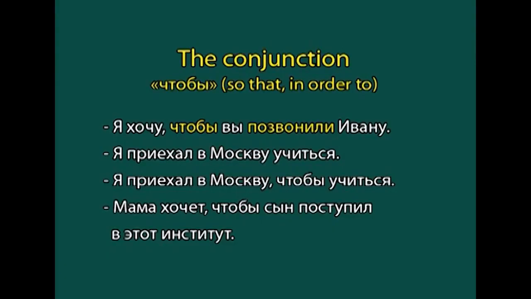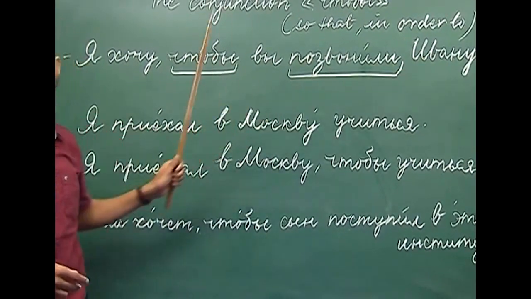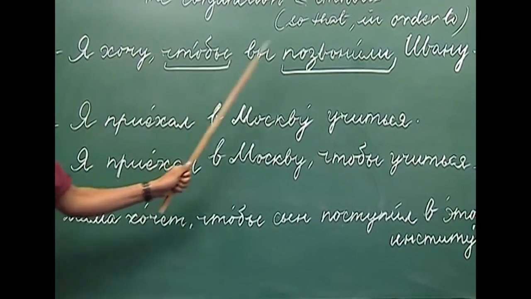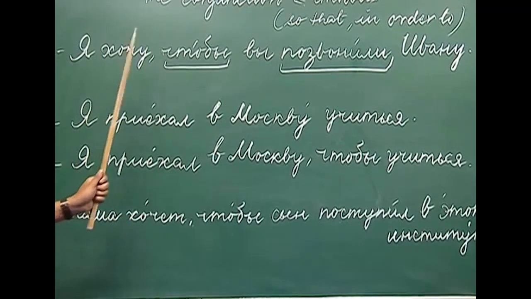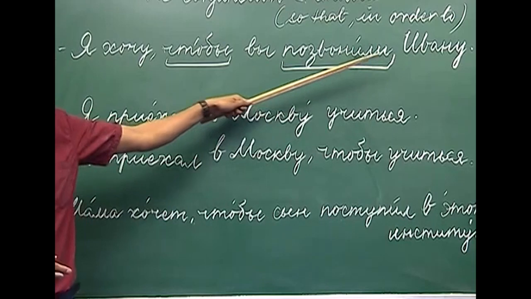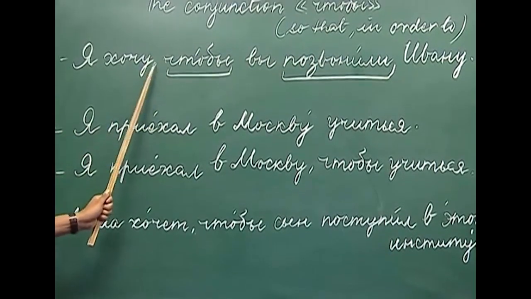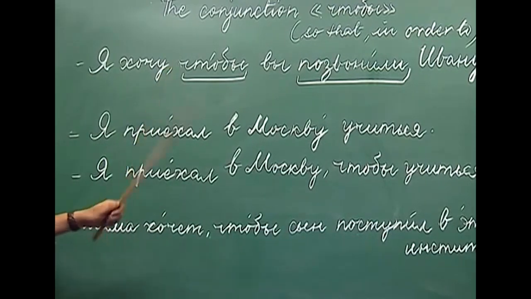Я хочу, чтобы вы позвонили Ивану. I want you to call Ivan. Here, as you can see, чтобы has been used to introduce the subordinate clause, and before чтобы we have put a comma.